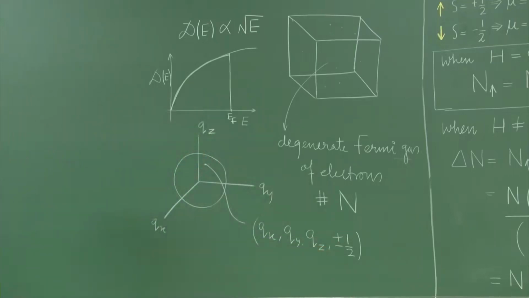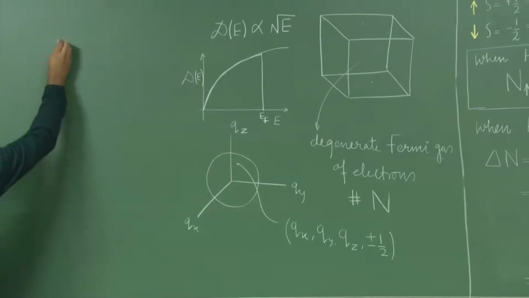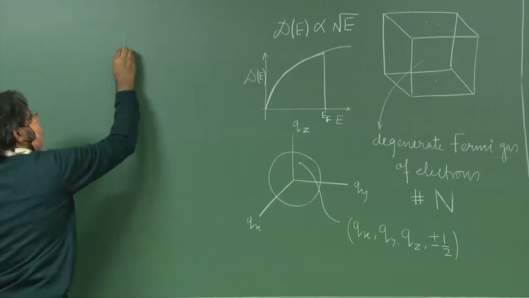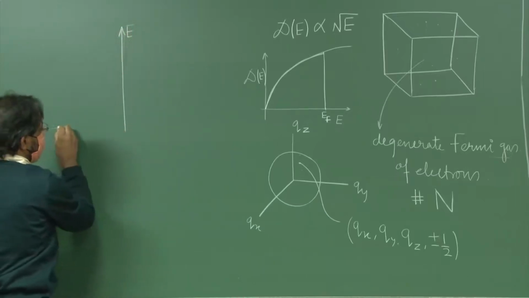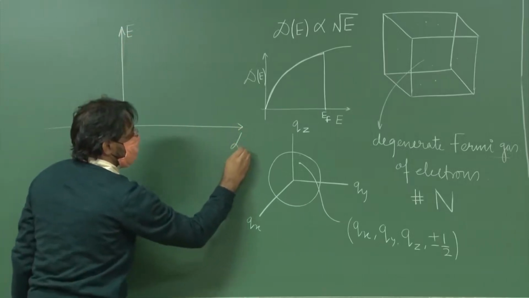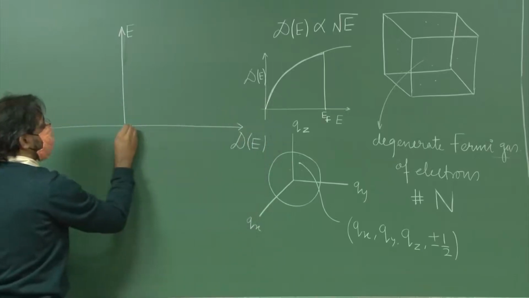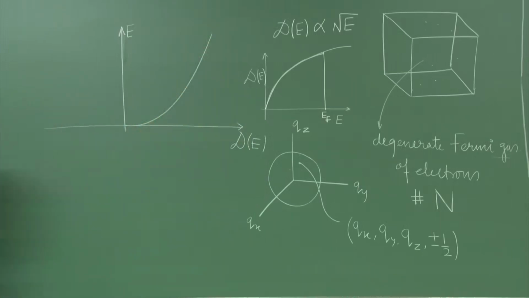So what I am going to do is, first of all, turn this plot. I am going to put energy E on the y-axis and the density of states on the x-axis. So this is my total density of states D(E), and this parabola is going to look like this.